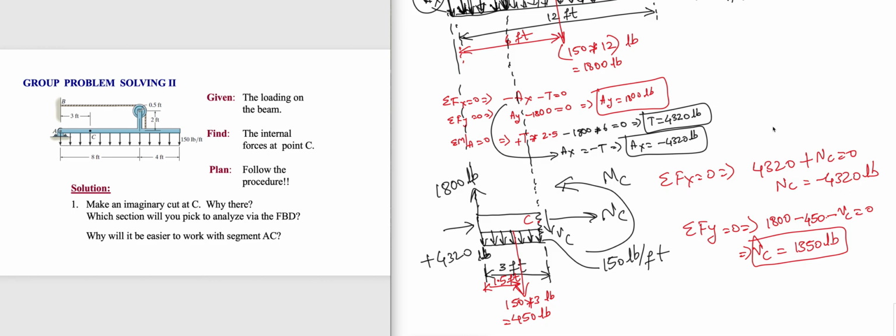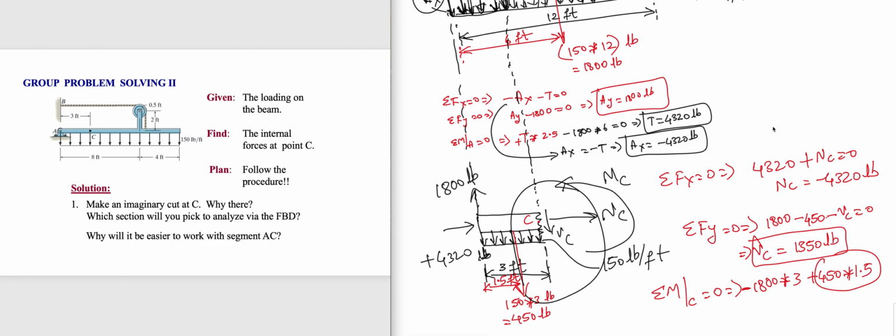Then the moment. Sum of moments with respect to C equal to 0, we have 1800 times 3, it is going clockwise, so it's negative, and we have a positive 450 times 1.5. So this term was missing in the previous case, positive 450 times 1.5, because it is going counterclockwise, positive with respect to our convention.